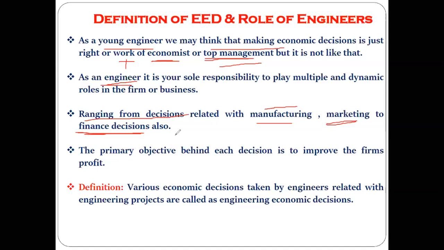All these people make different kinds of economic decisions. Everyone has a primary objective in their mind. What can be that primary objective related to making decisions? What can be the objective behind making different kinds of decisions?